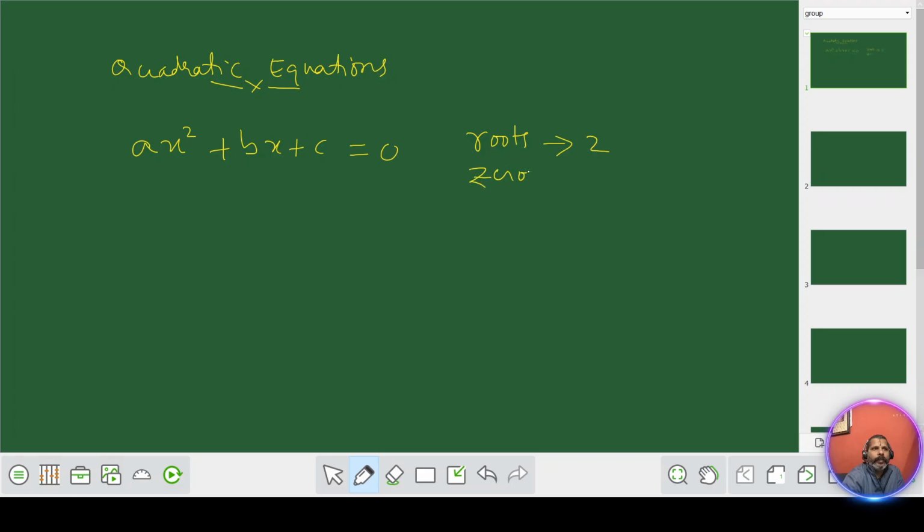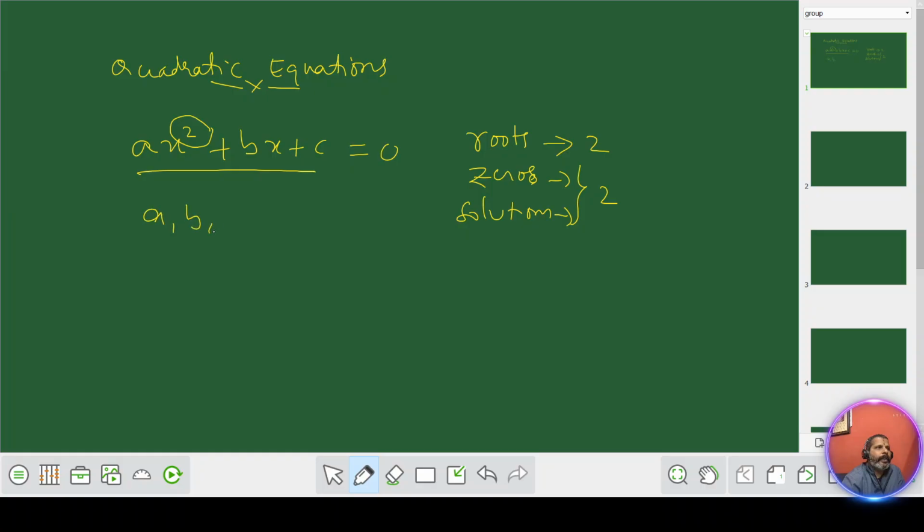Roots or zeros or solutions, whatever you call, it is 2. Why? Because the variable will have the power 2. When the variable is having power 2, that many solutions should be there for that particular equation upon solving. So let's understand the quadratic equation standard form.